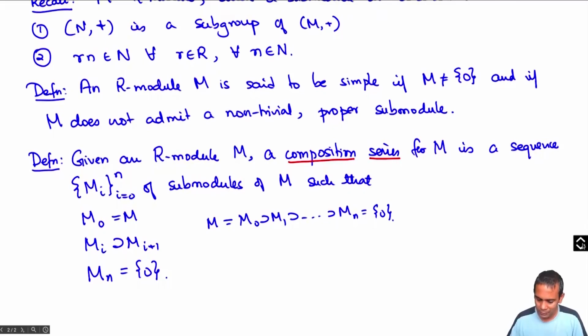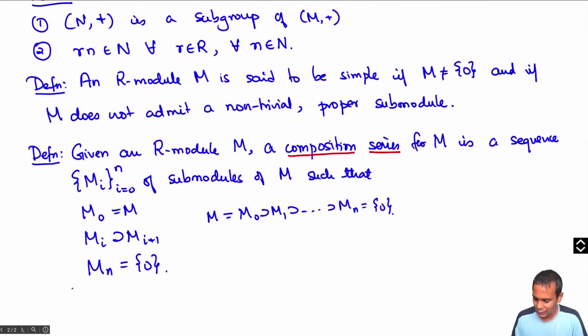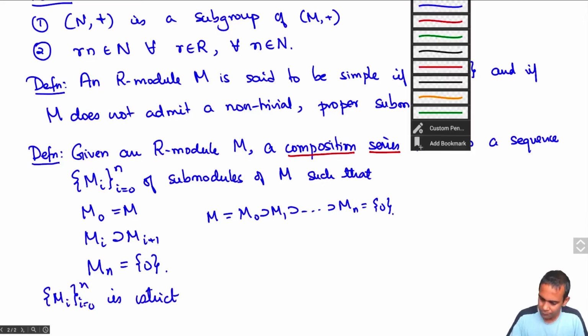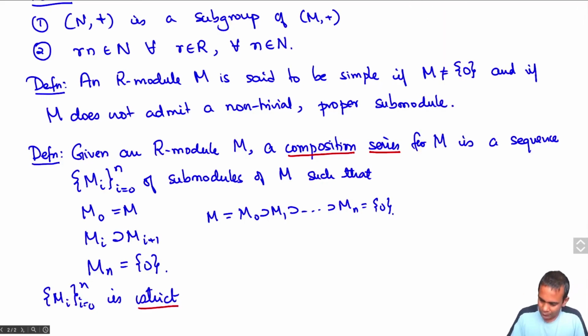Sometimes we'll be requiring a composition series to be strict. So we'll say that Mi, i from 0 to n, is strict if Mi properly contains Mi plus 1 for all i.